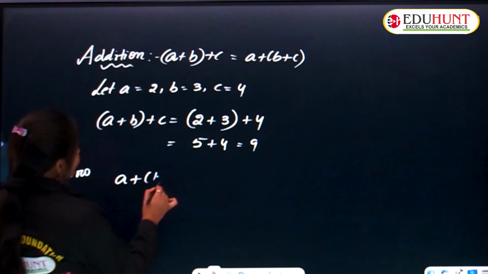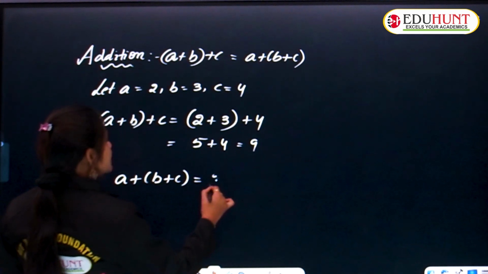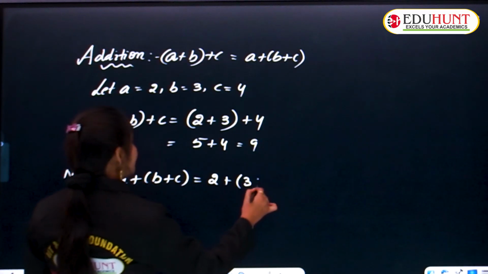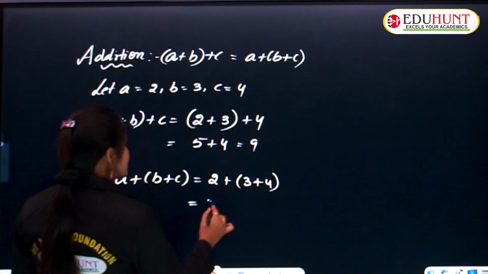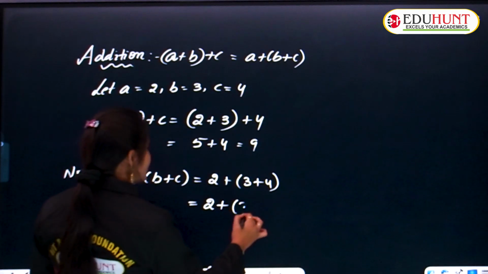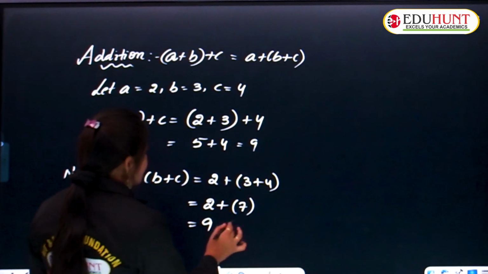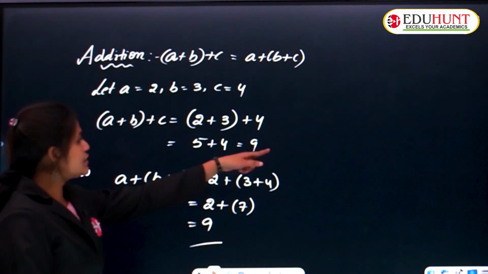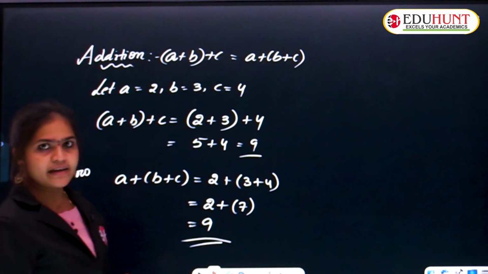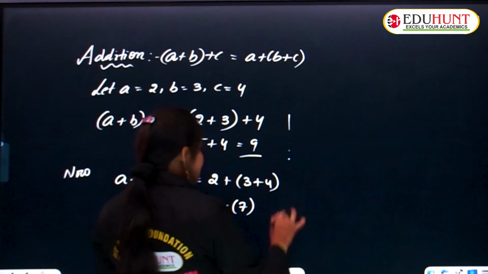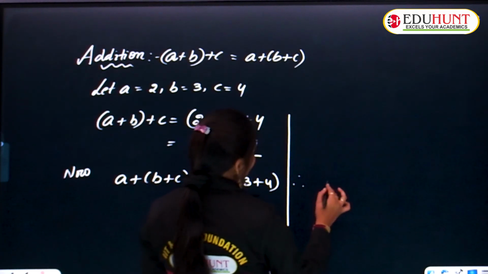Now A plus (B plus C) is equal to 2 plus (3 plus 4). 3 plus 4 is equal to 7. Then 2 plus 7 is equal to 9 only. Here also we got 9, and here also we got 9. Then finally, is that statement true or not?